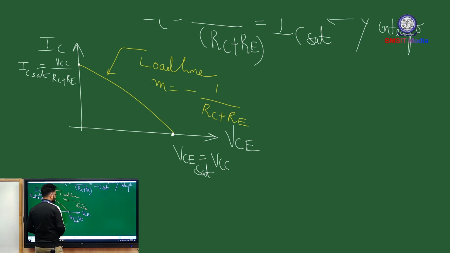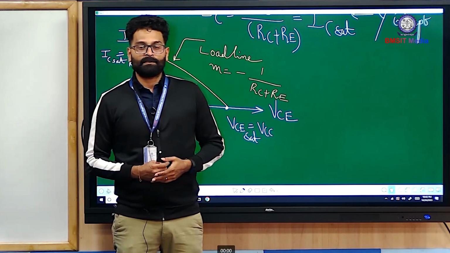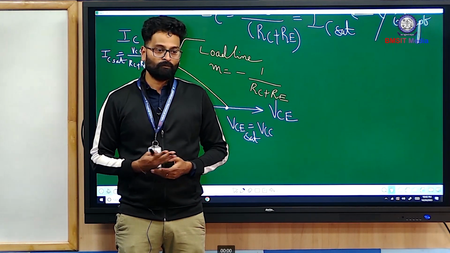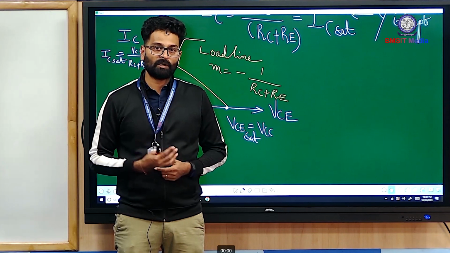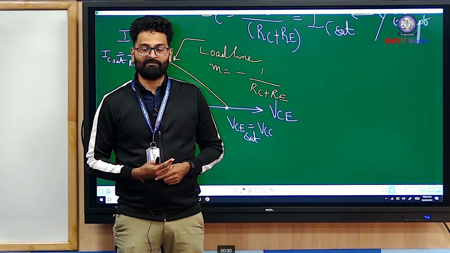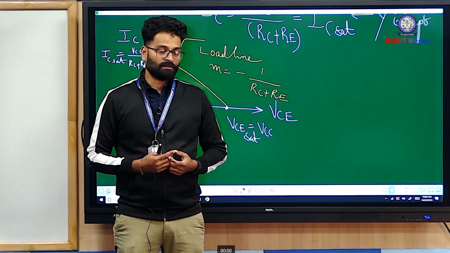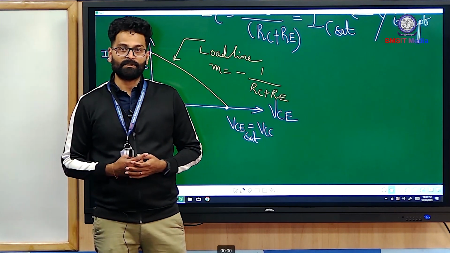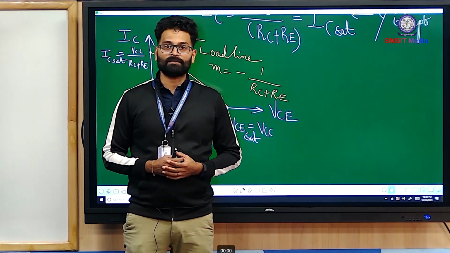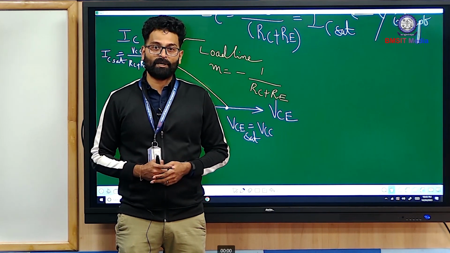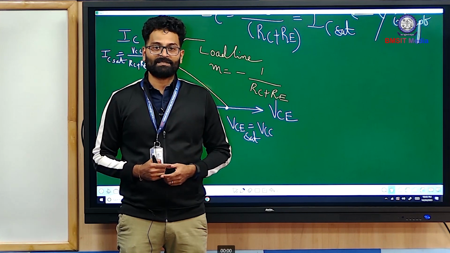Okay, so fine. So we have discussed emitter bias, we have discussed collector bias, and let us discuss the third circuit, which is called voltage divider bias, also called universal bias or self bias. And voltage divider bias is the very popular biasing circuit used in amplifier circuits, because out of the three biasing networks, the voltage divider bias gives the best bias stability.